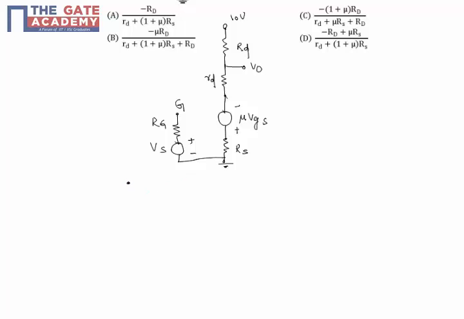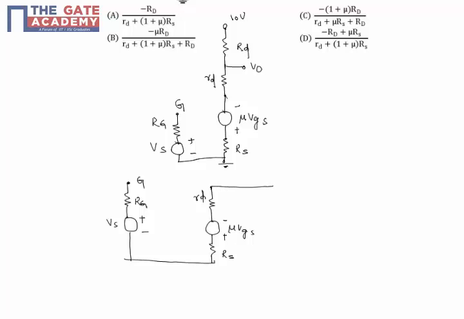The circuit will be G, RG, this is Vs, this is connected to ground, and here this will be RD, and this is minus plus mu into VGS, RS, and here this point is connected to capital RD which is connected to ground.